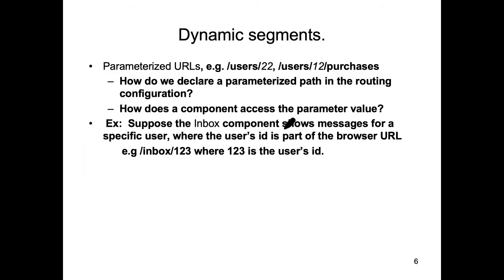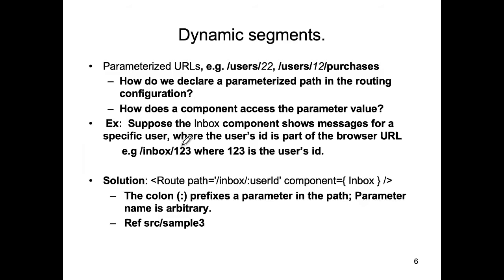Supposing in my set of samples, I'm changing the URL associated with the inbox to look something like this, where the 123 is, let's say, some sort of user ID or inbox identifier. But it can be any value, obviously. So that's a design decision that I've made associated with my fake email client, if you like.